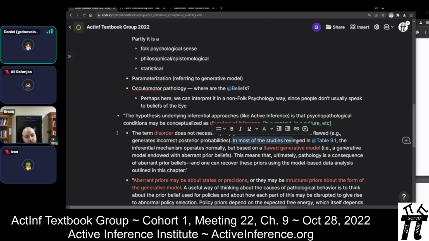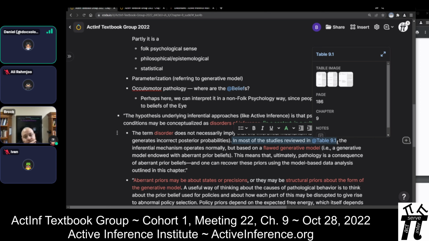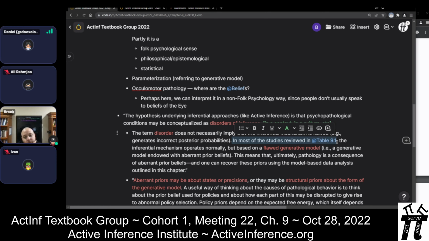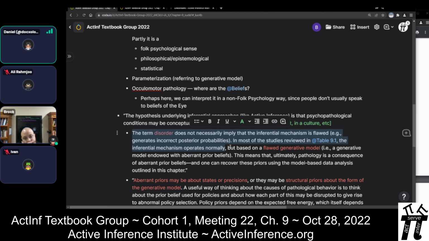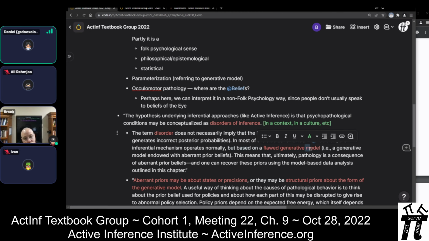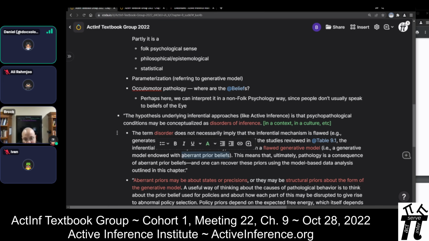In most of the studies reviewed in Table 9.1, which is to say the pathologies identified in Table 9.1, the inferential mechanism operates normally, as per the previous meaning, but based upon a flawed generative model. And that's literally the rub. Aberrant prior beliefs, like, what? And so there are two ways to zoom out from that and contextualize that statement.